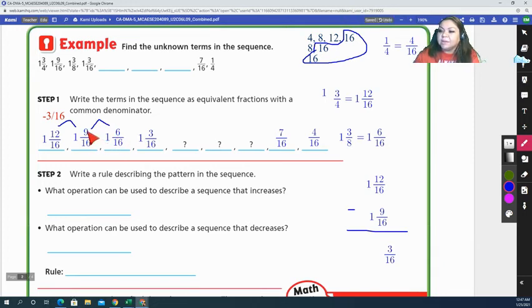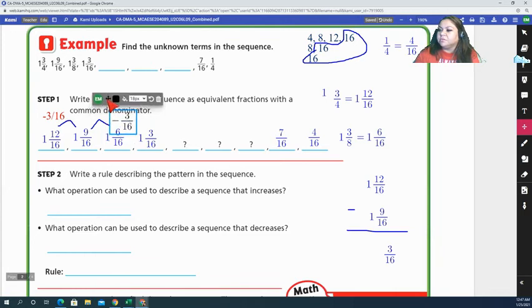That's 9 minus 6 is 3/16, because 1 minus 1 is 0. So that means I'm still following the same pattern. Minus 3/16. Let's move this up a little. I should have put it in red. There you go.